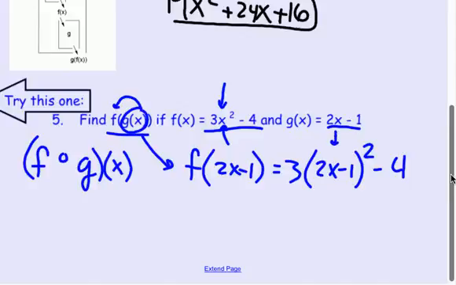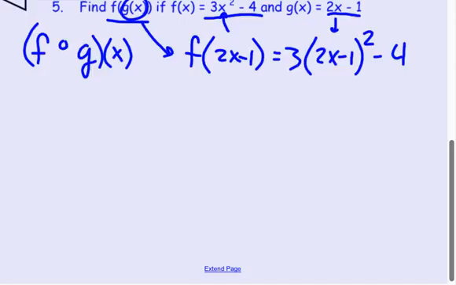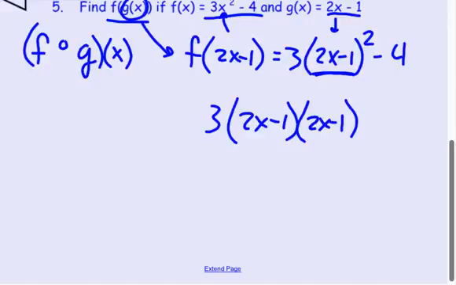So a little bit of work. It's going to be 3 times this squared. Can't use power to power here. This isn't just 4x squared plus 1 minus 1, whatever. It's 2x minus 1 times 2x minus 1 because there's two terms there, minus this 4.